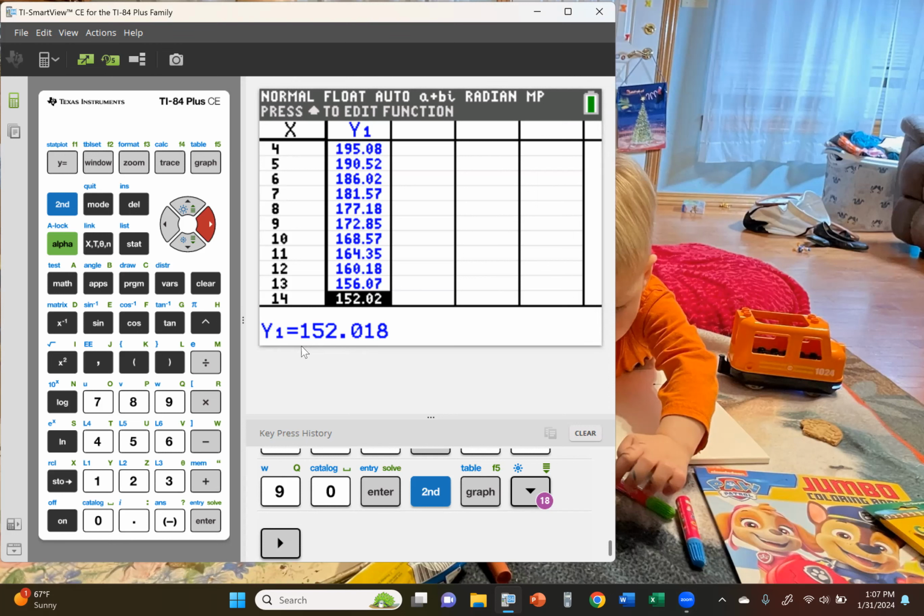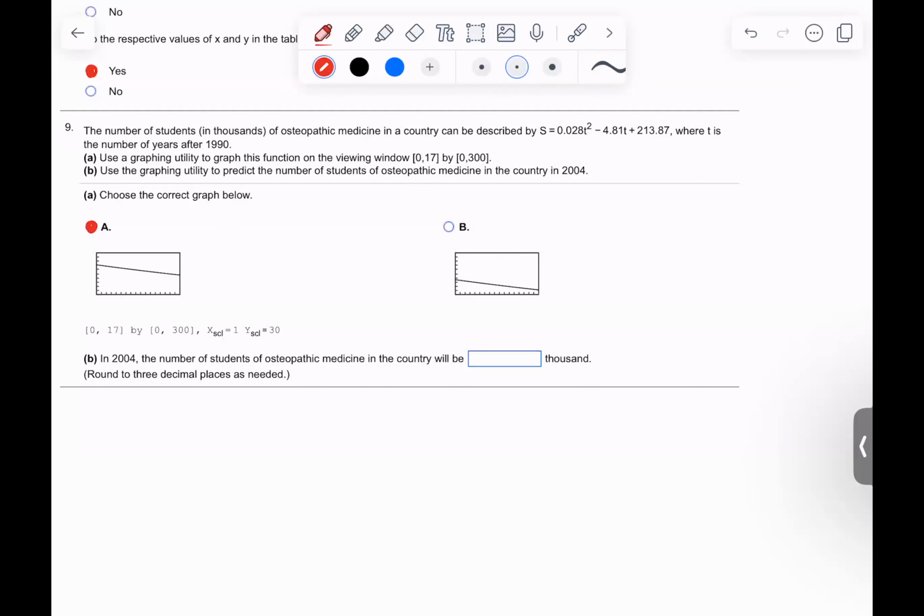The problem asks for 3. So I'm going to arrow over and highlight that value so I can see it to 3 decimal places. So it's 152.018. Okay. So I chose that first graph, and then in 2004, I'm going to have 152.018.